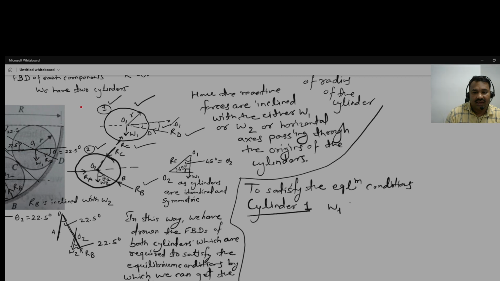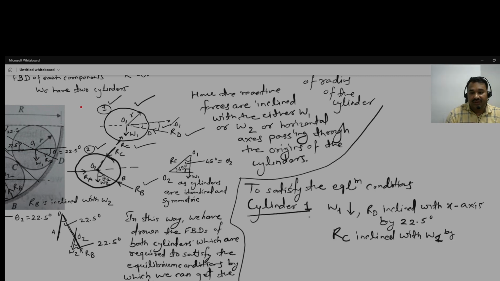W1 is acting downward, RD is inclined with the x-axis, the horizontal axis, by 22.5 degrees, and one more force, the reactive force RC, is inclined with W1 by 45 degrees.